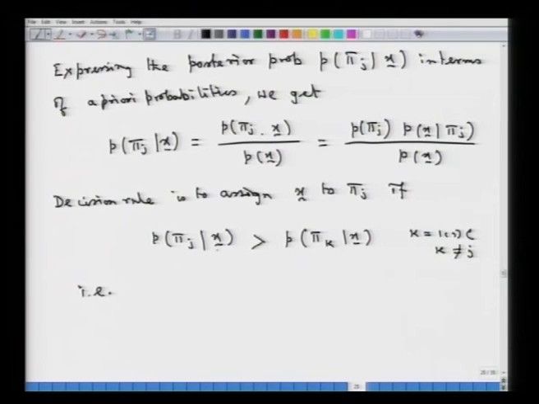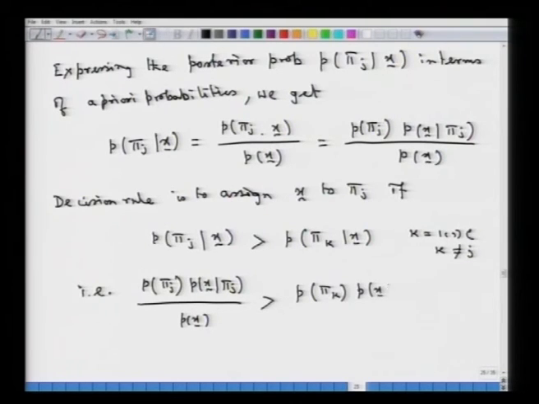Note that in the posterior probabilities on the left side and the right side, we have the same term p(x) common. So we can write p(π_j) p(x | π_j) divided by p(x) is greater than p(π_k) p(x | π_k) divided by p(x), for the same set of k values.